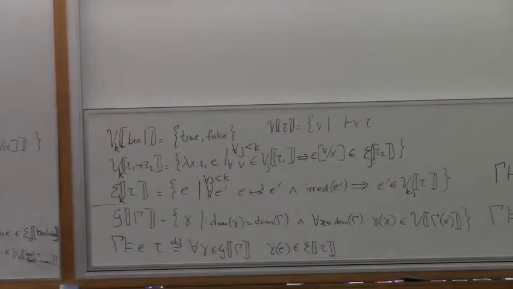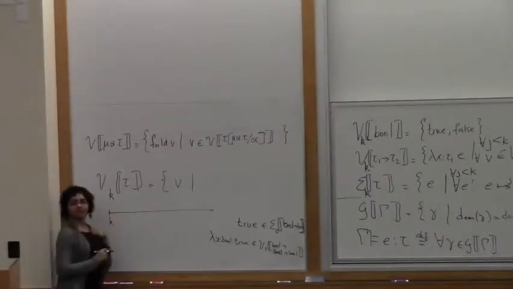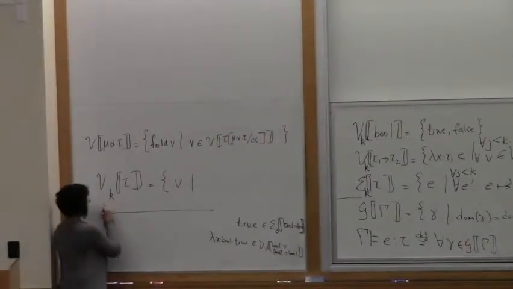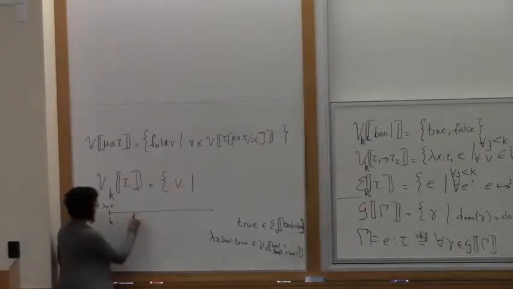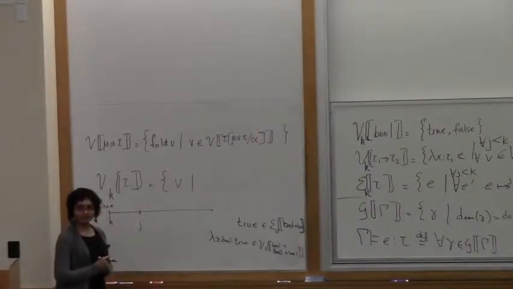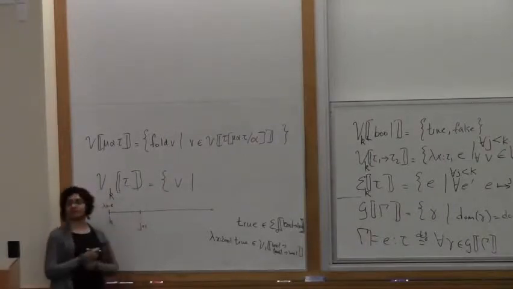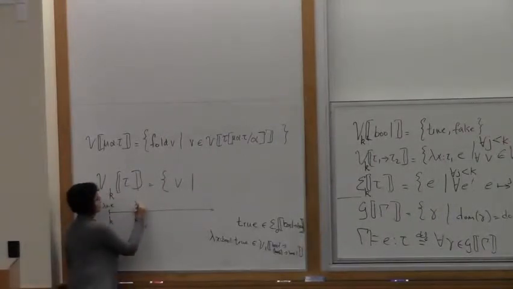Okay, so here's one idea. I should draw this timeline. We're over here. We have k steps left. And we have a lambda, I'll just write lambda x dot. At some point in the future, actually let's say when we have j plus 1 steps left, someone gives us a value.